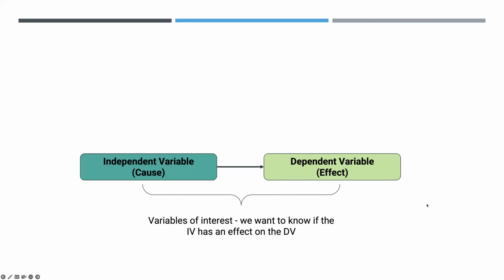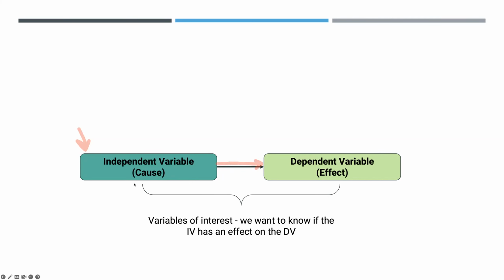First, let's make sure we're clear on independent variable versus dependent variable. The independent variable is our expected cause, and the dependent variable is our expected effect. We want to know, did our independent variable have an effect on our dependent variable? We're going to manipulate this variable, and that's going to have some effect on the dependent variable.